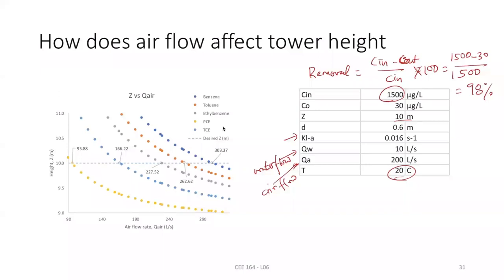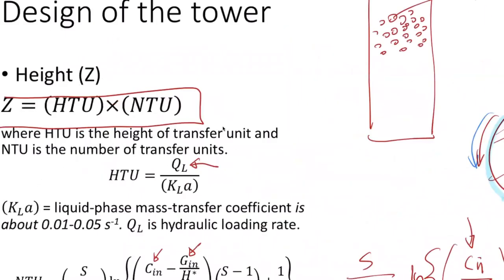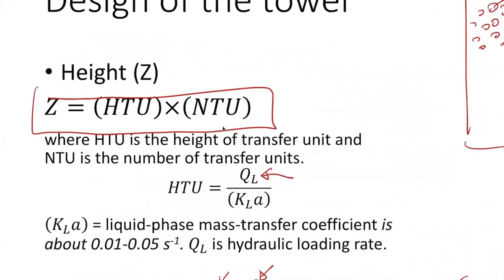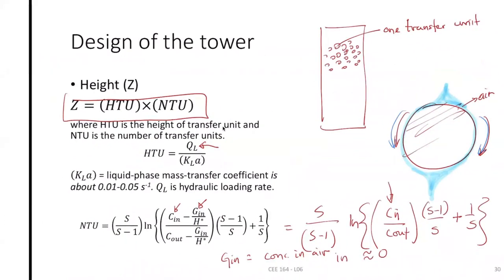And once you plug in all these values, you will be able to vary the airflow rate, and then you can plot the height, because if you see the height equation, HTU times NTU, this has everything. Airflow rate is a function of S. S equals H star Q air divided by Q water. So all these variables are here. You just plug in, keeping everything constant.